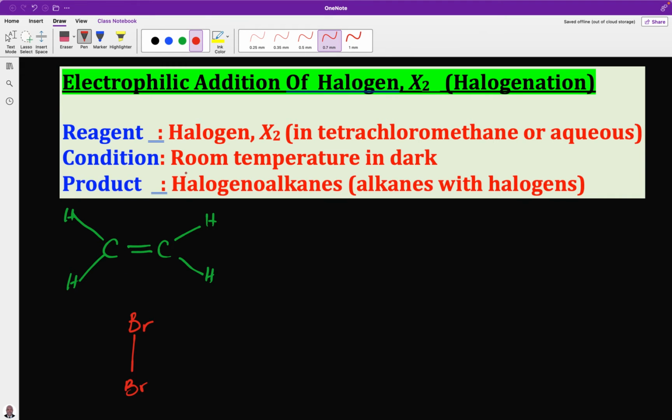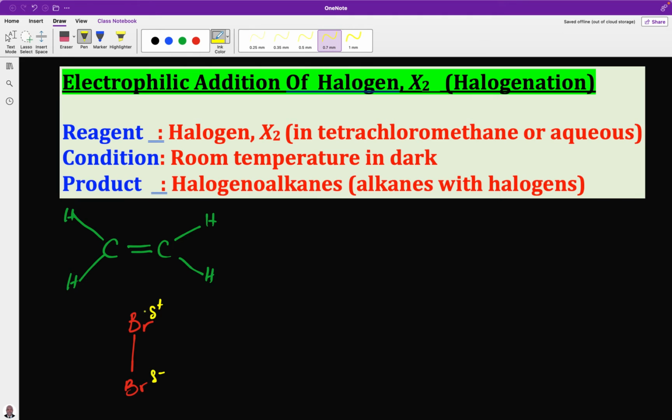Now, when it induces a dipole into this bromine molecule, what happens? See what is happening there. A dipole is established. This is a cloud of high electron density of the pi electrons.